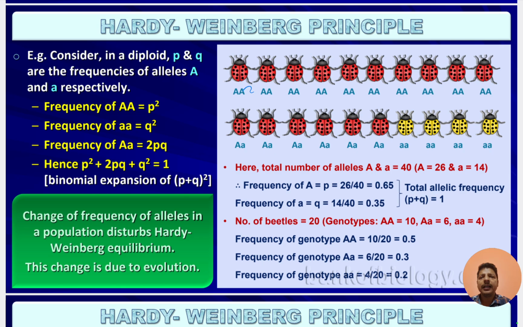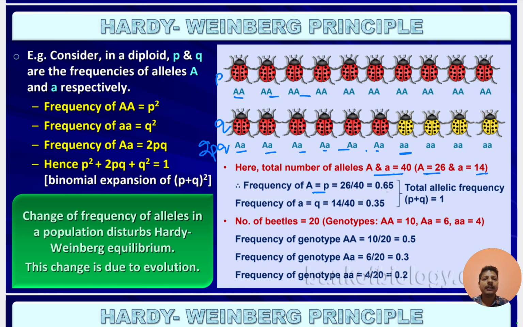See, it is the allele like this. Here p allele is found, here q is found, and 2pq is also found in this. Okay, here total number of alleles equals 40, capital A 26, small a 14.